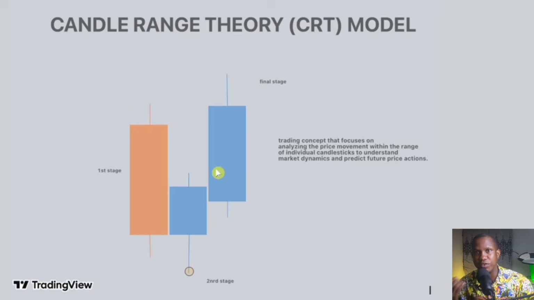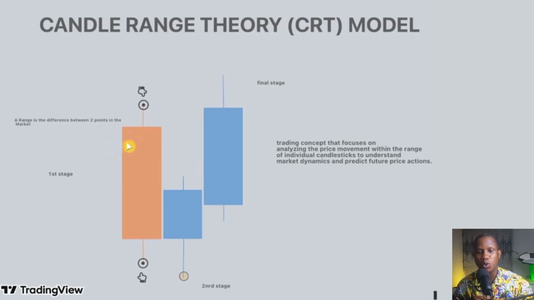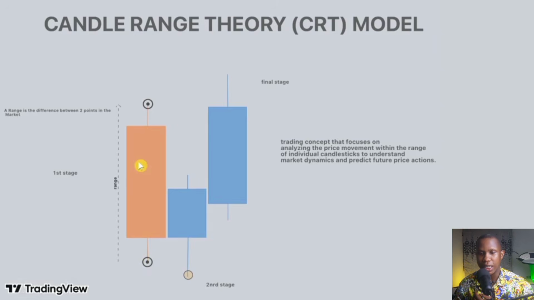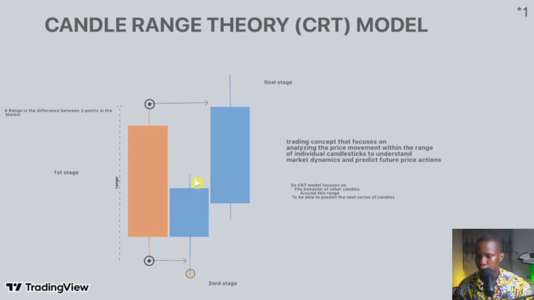And what is this range, guys? It is the difference between 2 points in the market. That is, from here to here is a range. So the CRT model focuses on the behavior of other candles around this range candle. ICT traders, our main aim is to predict the next set of candles.